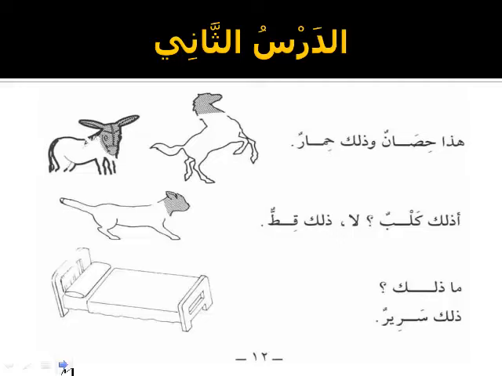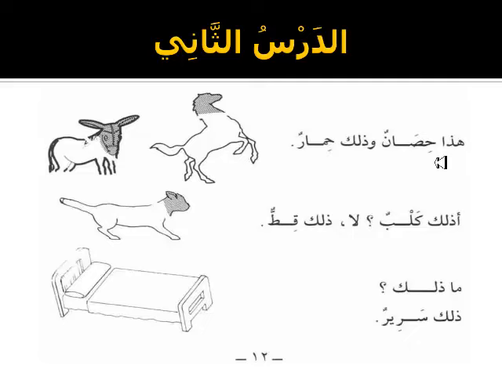It's just presenting this particular concept of that. Notice on the left we have some pictures, and the picture that's closest to the sentence, we're going to use this, hada. Hada hisanun.